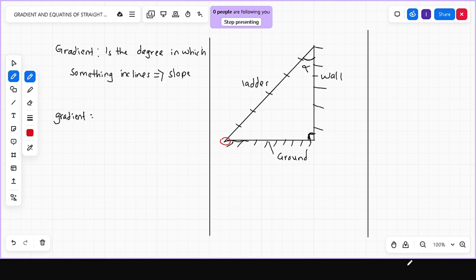This is obtained by finding the ratio of vertical distance to horizontal distance. The vertical distance is the height.